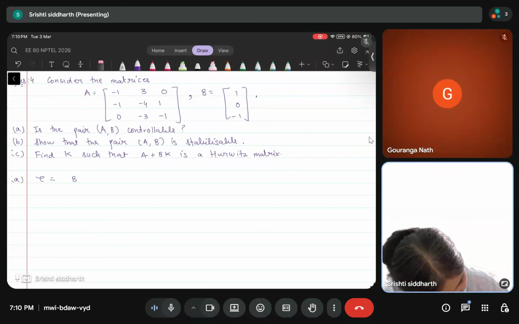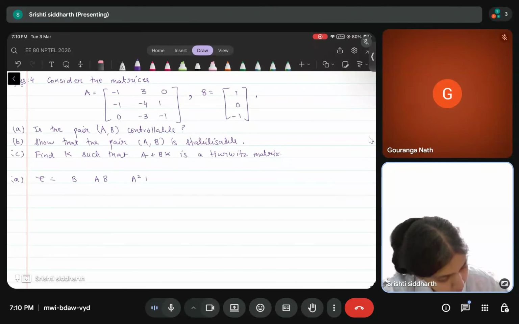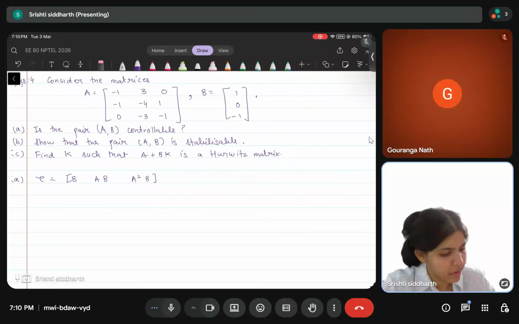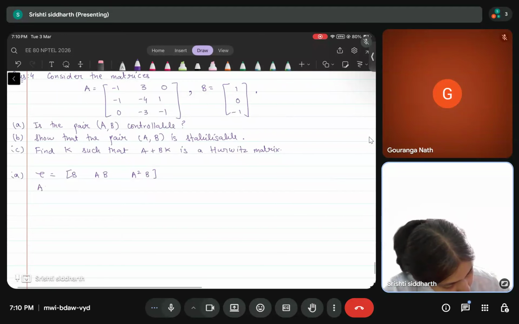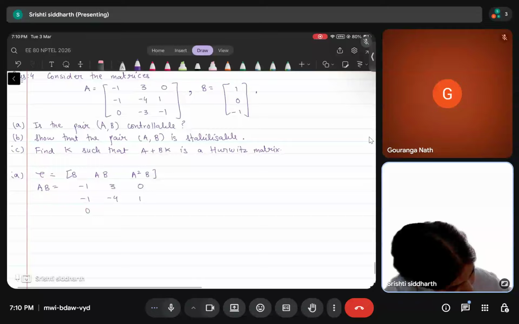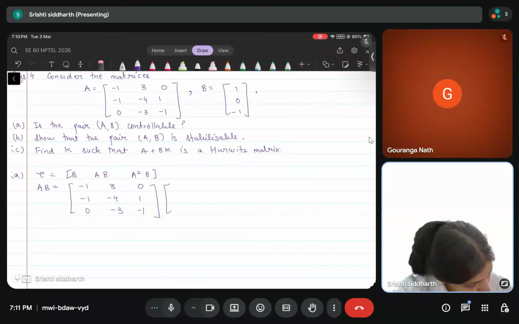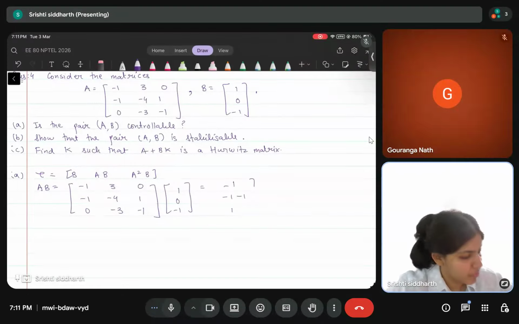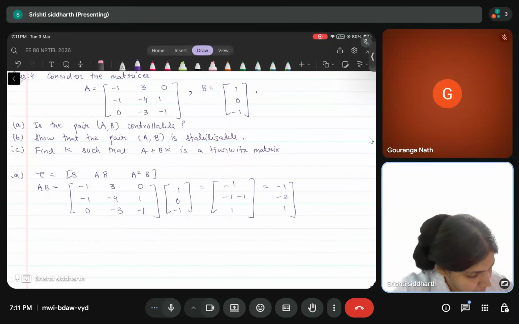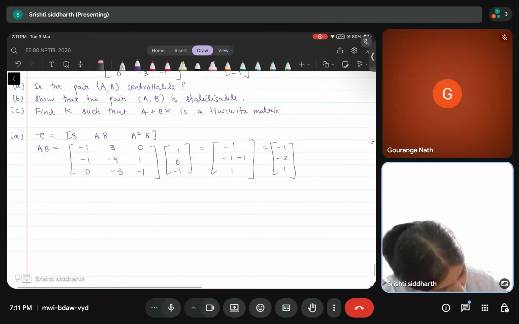C is going to be B, AB, A squared B. So AB is minus 1, 3, 0, minus 1, minus 1, and simply 1. A squared B is A times AB.